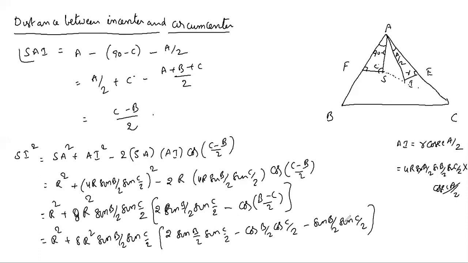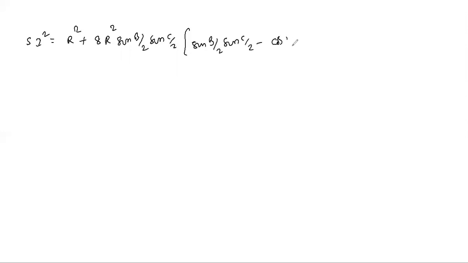If you take minus common, you will get SI square equals R square plus 8R square sine B by 2 sine C by 2 into sine B by 2 sine C by 2 minus cos B by 2 cos C by 2.